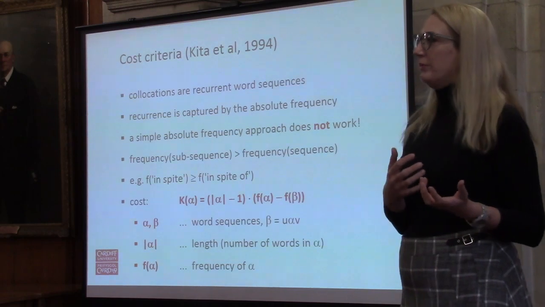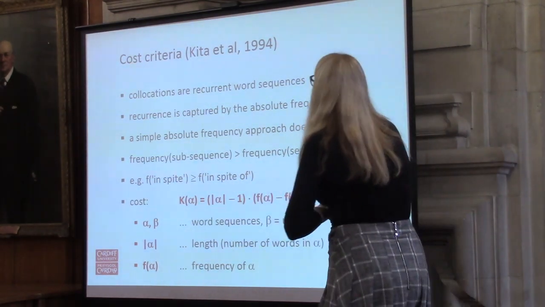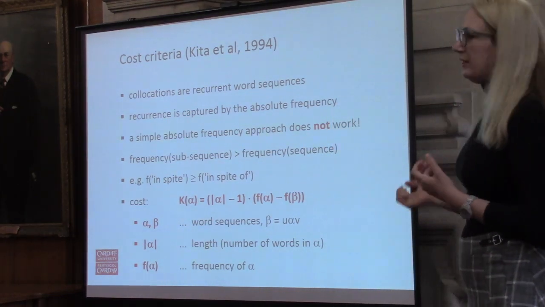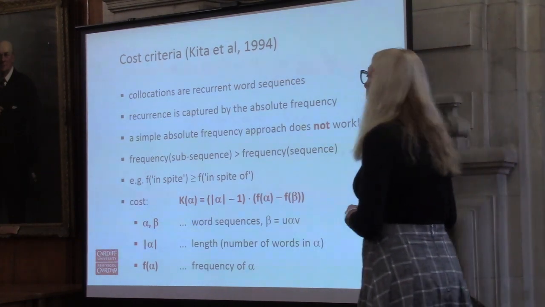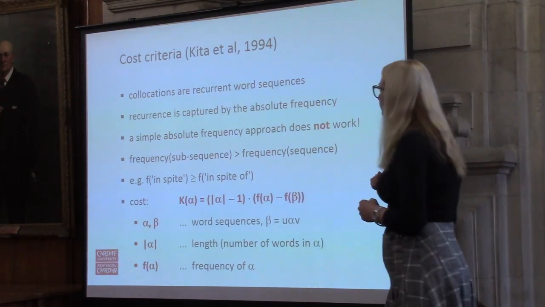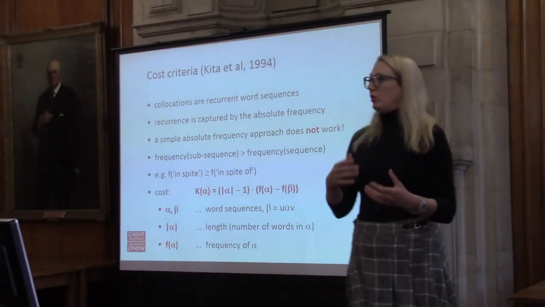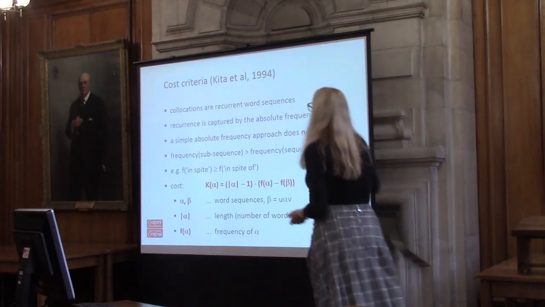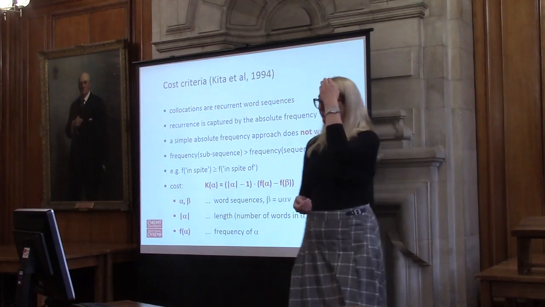I also already mentioned that multi-word terms are special types of collocations. So Kita et al. in 1994 studied the collocations, so not in relation to terms, but we'll see how this can be used to also extract terms. What they observed is that, yes, collocations are recurrent word sequences, and this recurrence can be captured by absolute frequency.